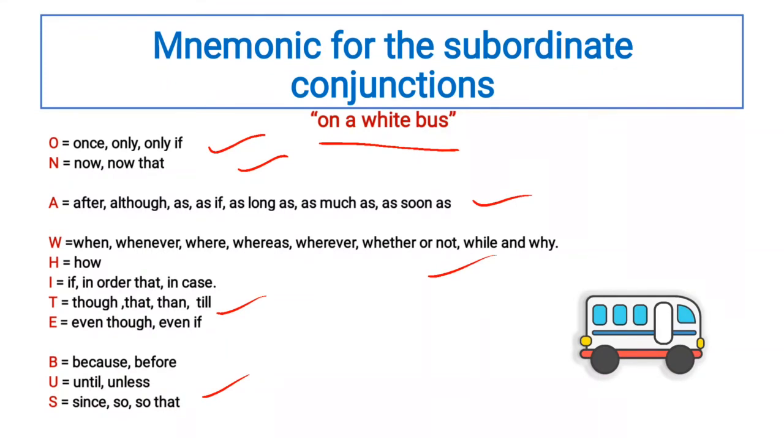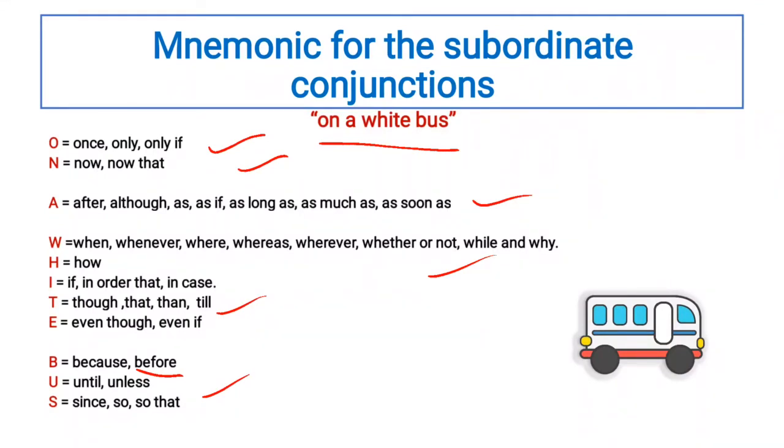Subordinating conjunctions may be classified according to their meaning. For example, if you are talking about time, then you can use subordinating conjunctions like before, till, since, after. And if you are talking about reason or cause, then you can use subordinating conjunctions like because, since, as.